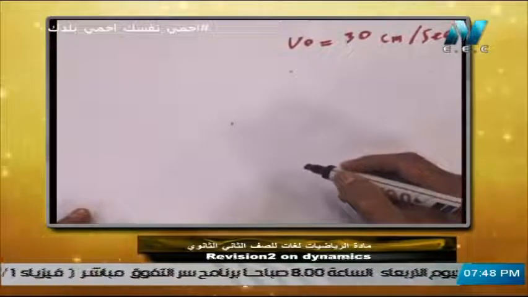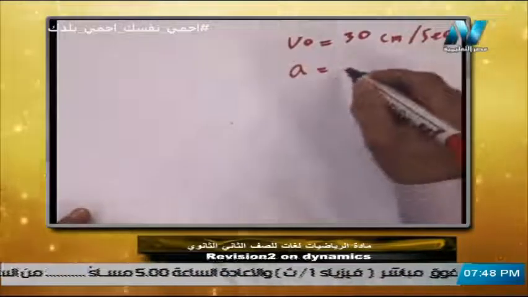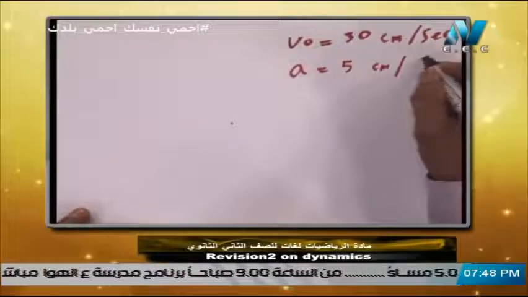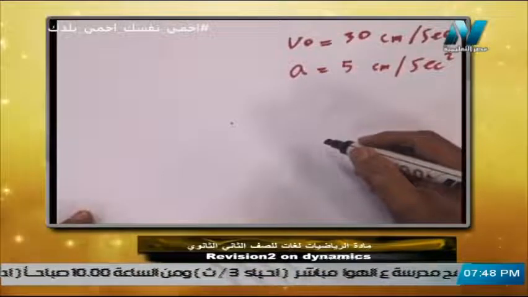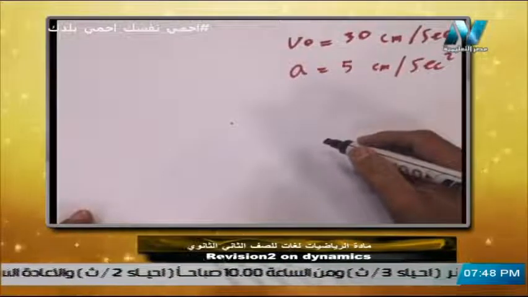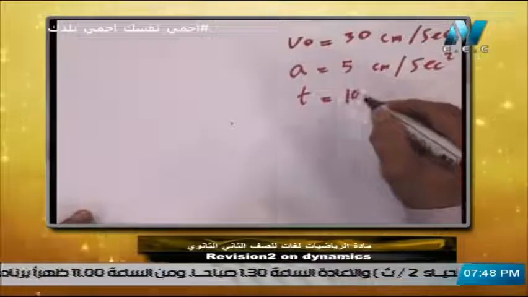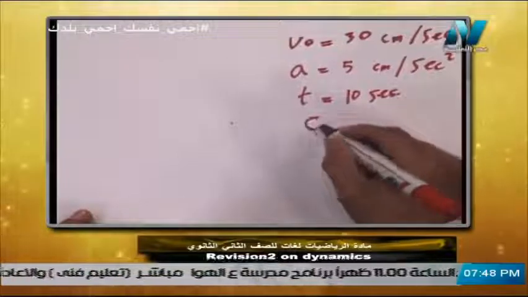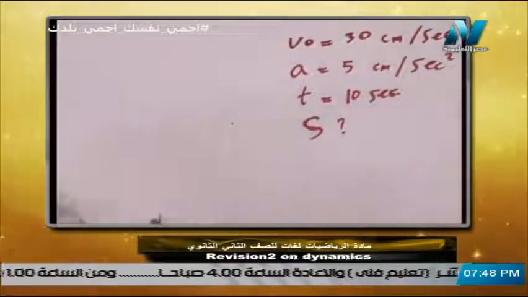And acceleration equals 5, positive because it is in the same direction, 5 centimeter per second squared. The covered distance after t time equals 10 seconds equals what? So he asked about S, which is the distance.